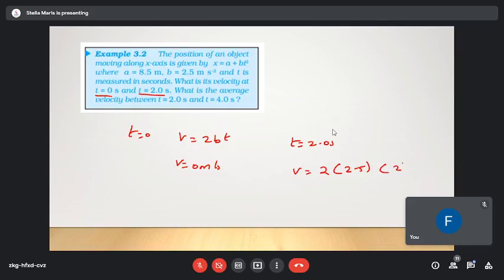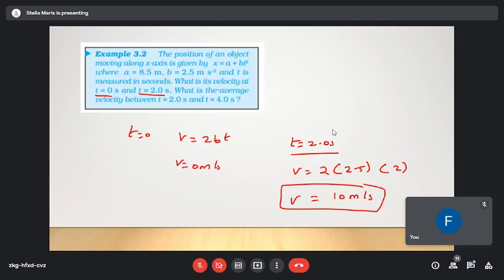Into t is 2, so it becomes 10 meter per second. When t is equal to 2 seconds, velocity is 10 meter per second.